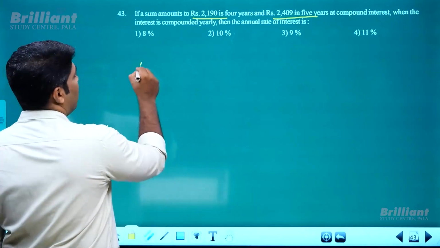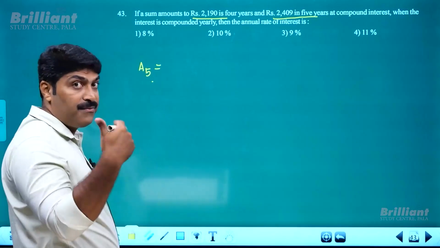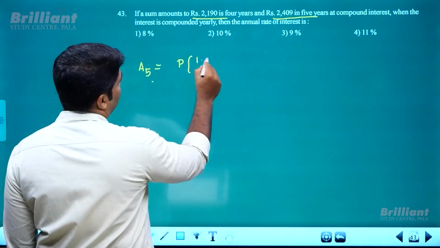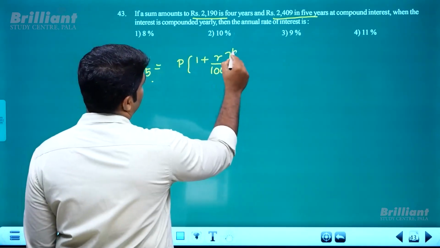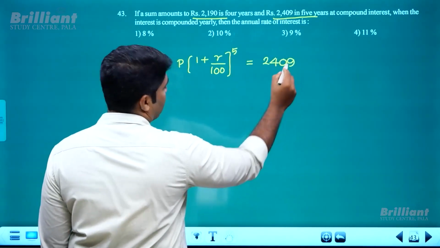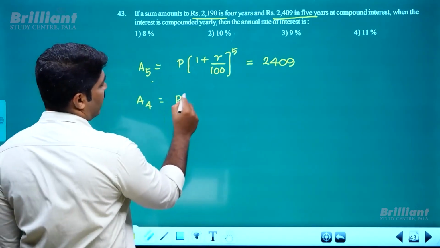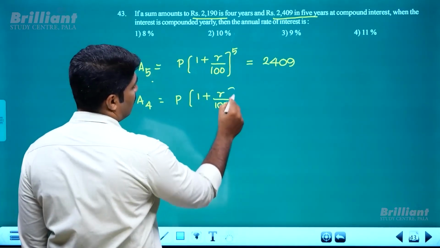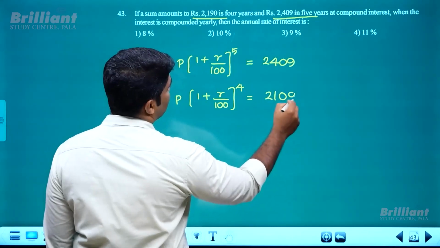So the amount after 5 years is P into 1 plus R by 100, the whole raised to 5, and it is given as 2409. Similarly, the amount after 4 years is P into 1 plus R by 100, the whole raised to 4, which is equal to 2190.